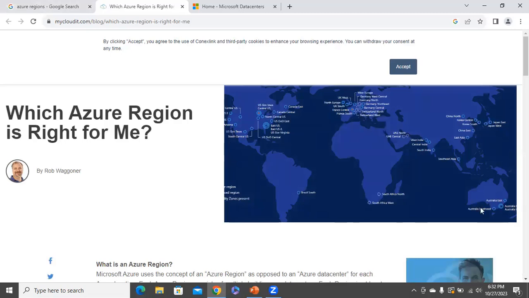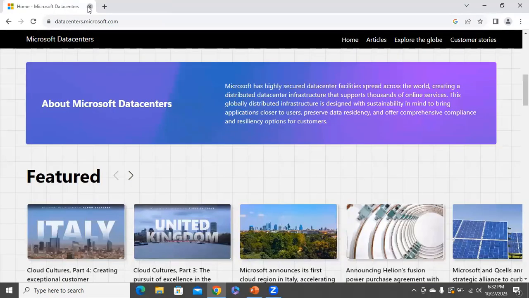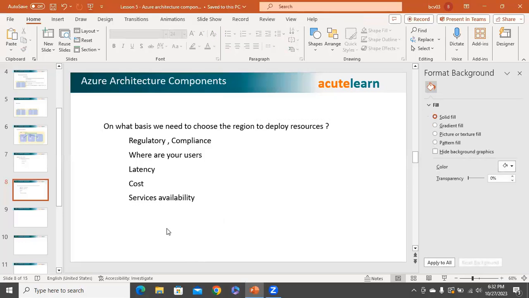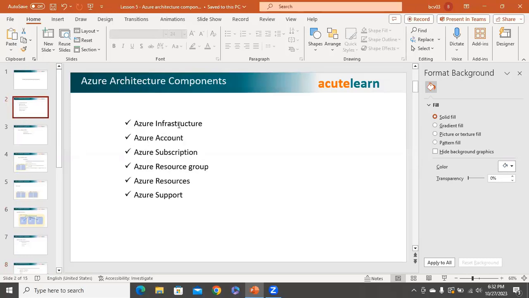These are basically called regions. So based on requirement to requirement, we need to choose it. So that's what we call the Azure infrastructure, how it is basically built.